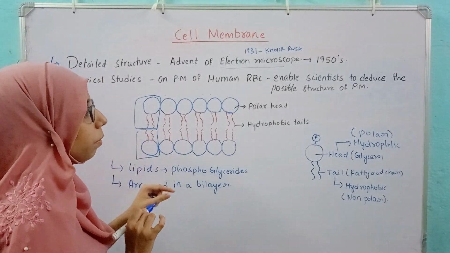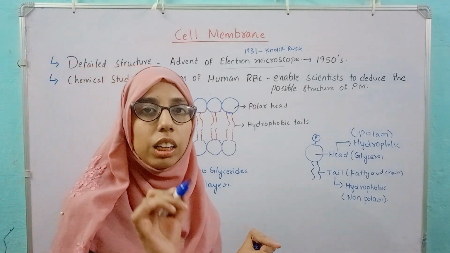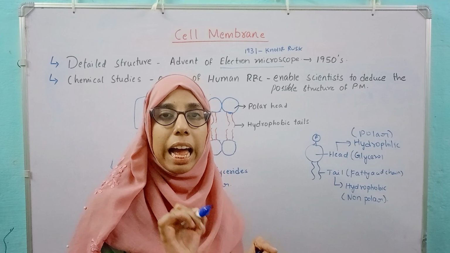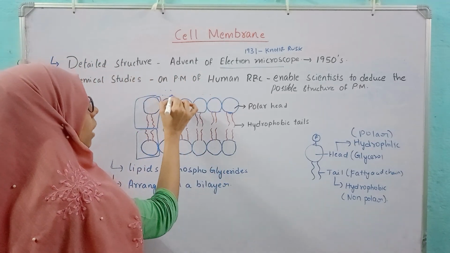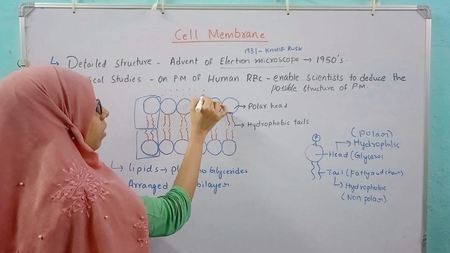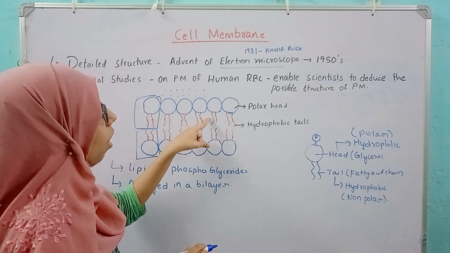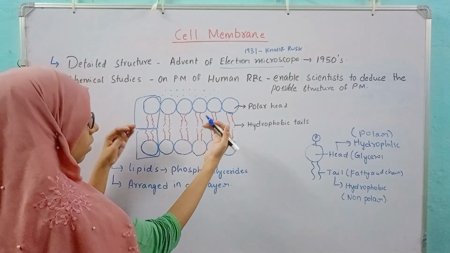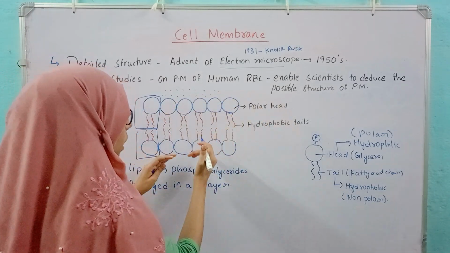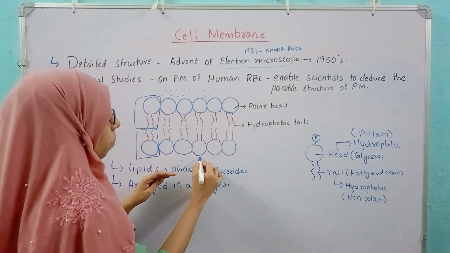This is because the hydrophobic tails need to be protected from the aqueous environment. On the outer side of the cell water might be present, and inside the cell also water might be present.